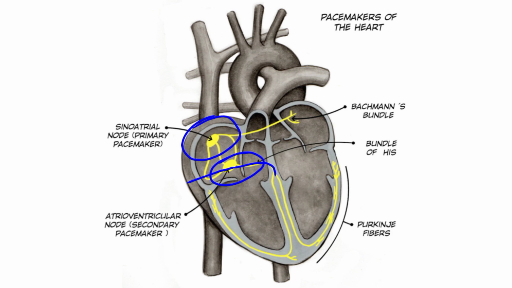While the Bachmann bundle of the internodal fibers, which connects the SA node to the AV node, will take some impulses from the SA node and send them to the left atrium, so that the right atrium and the left atrium can both contract at the same time.